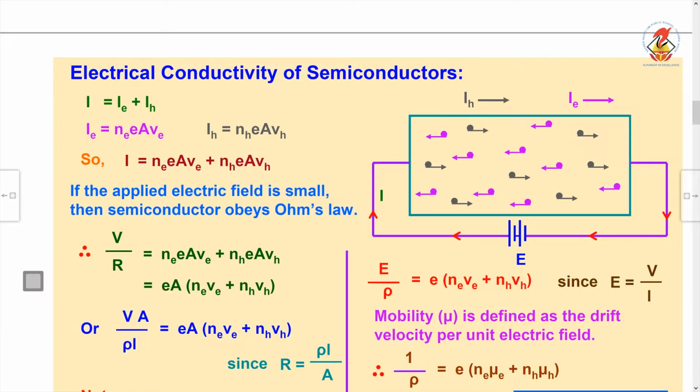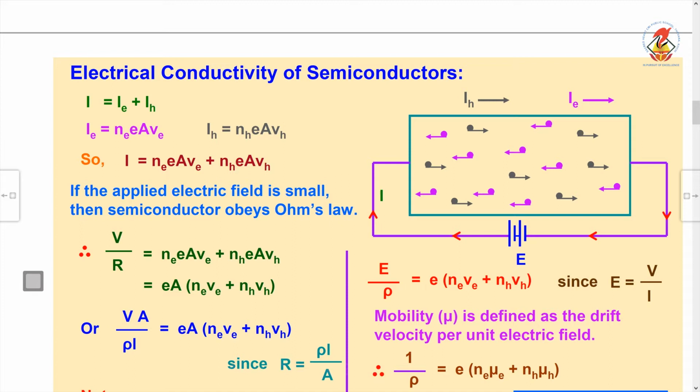Similarly, the current due to holes is given by NH, the number density of holes, e for charge, both of them are the same, A the area of cross section and VH, the drift velocity of the holes. I just took the equation from chapter 3, I is equal to NAVE, and put the subscripts E for electron and H for holes.